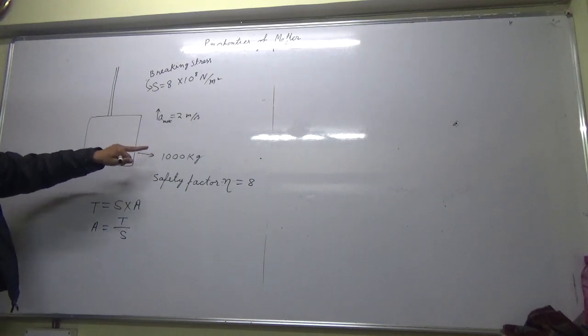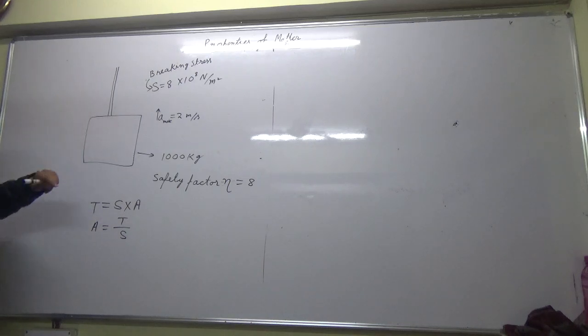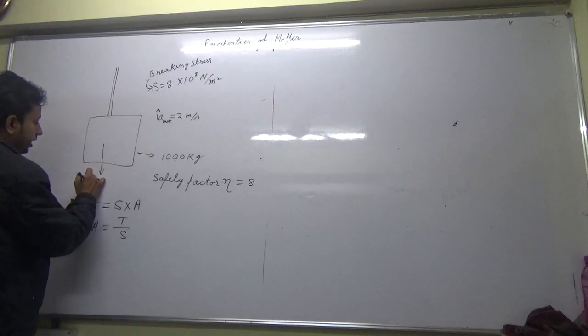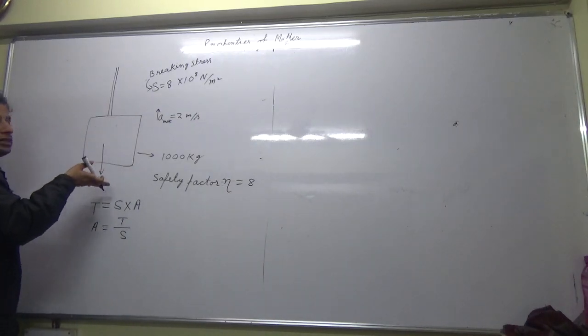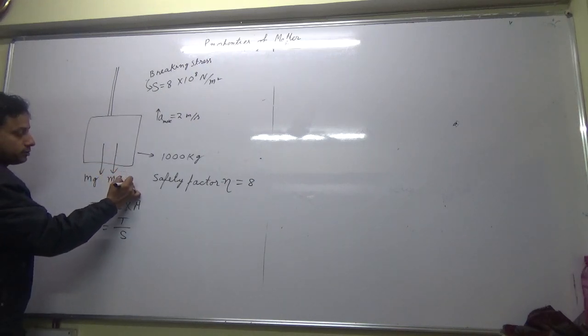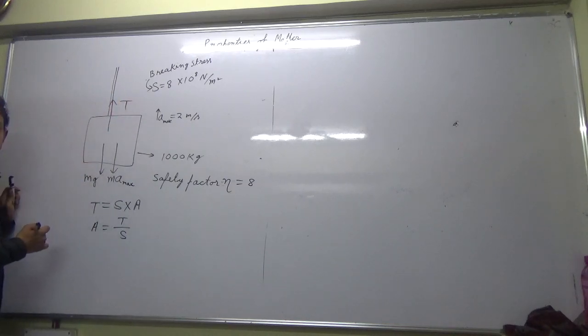Tension यहाँ कितना होगा? 1000 kg है. Maximum acceleration is 2. So the maximum tension which can be produced here is mg, and if it is accelerated upward, the pseudo force ma max adds to tension.